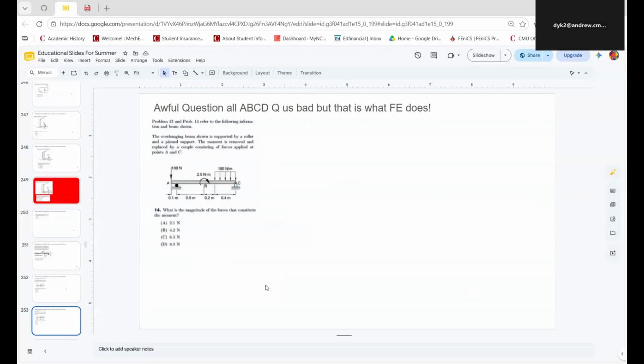Okay. What's the magnitude of force that constitutes the moment? What are you even saying? Are you trying to say you're trying to create a moment? I'm just going to read this one more time. What is the magnitude that constitutes that moment? Well, a moment here is equal to force times distance, right?